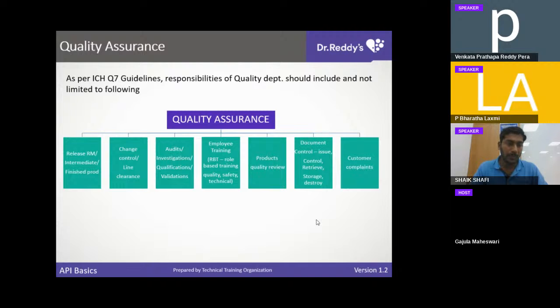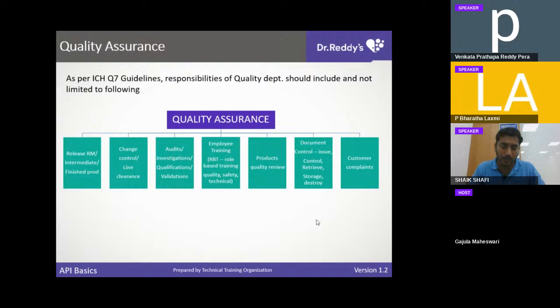Coming to quality assurance, the first section is release. Basically, quality assurance people are responsible for quality because they are monitoring everything in the manufacturing area. Any material, intermediate or API needs to be released before going to the market.